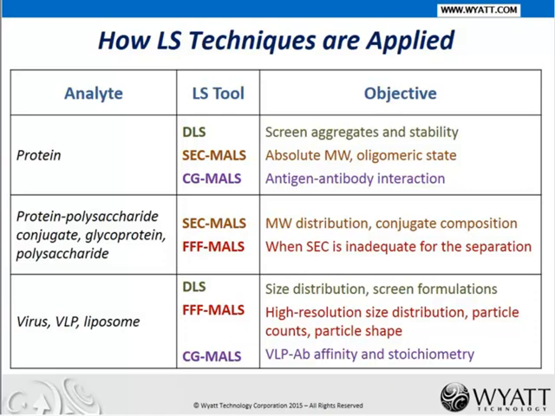It is also a great tool, especially in the format of the plate reader, to screen different formulation conditions. For high-resolution size distribution, field flow fractionation can be used for the separation. MALS can be used to measure the size distribution, to count the particles, and also to reveal shape information for those nanoparticles.